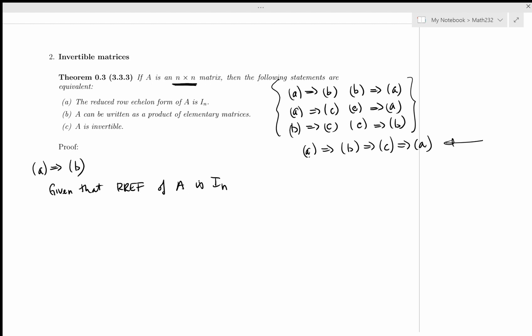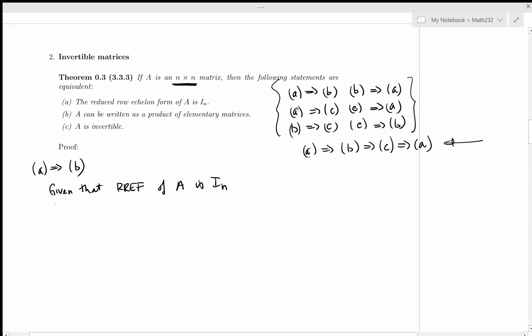If the reduced row echelon form of A is I_N, then that means there's a series of elementary row operations to take A and turn it into I.